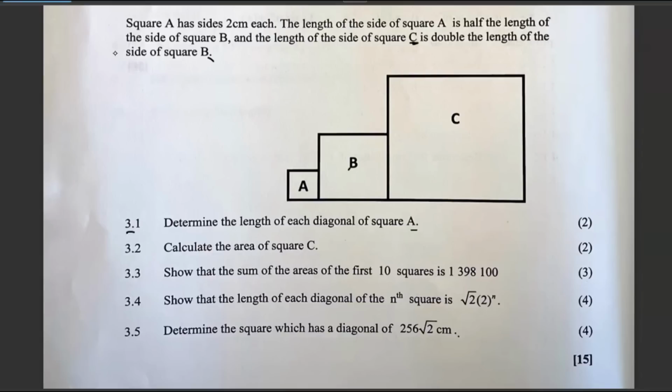Okay, so if this is a 2, this is a 2. This is a diagonal. What do they want? They want the length of the diagonal of square A only. If it's a square, there's a 90 degree angle, so Pythagoras, meaning that 2 squared plus another 2 squared must give us the diagonal, under the square root.